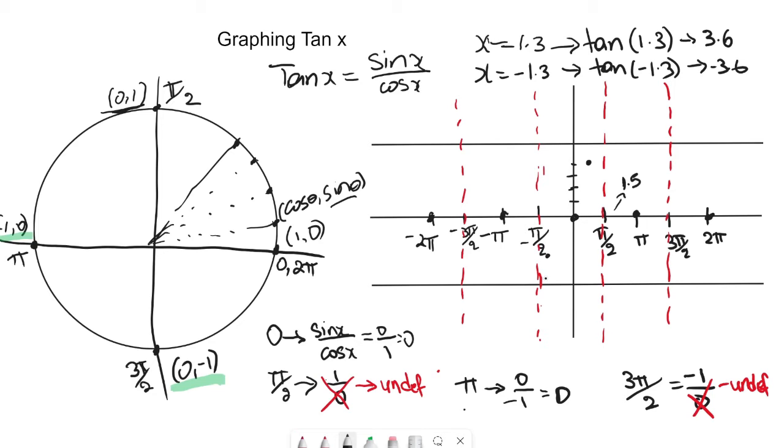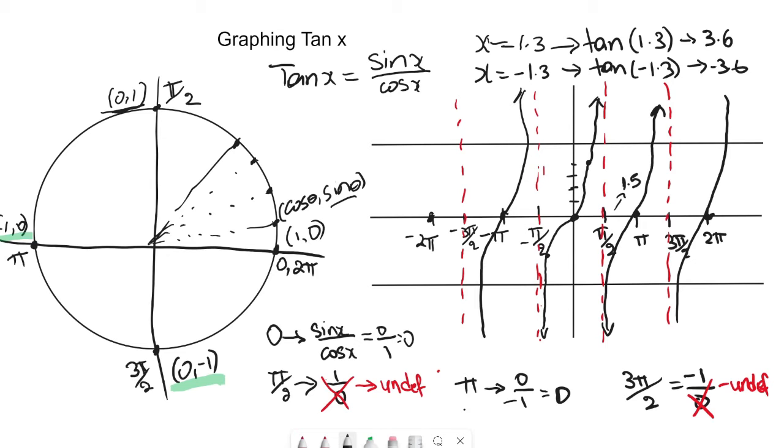So if we wanted to really graph tan, it will look something like this, right? It will tend towards the asymptotes, but it will never touch the asymptotes. And if we were to continue this pattern, in fact, this is what the graph of tan would look like, right? This is the graph of tan.